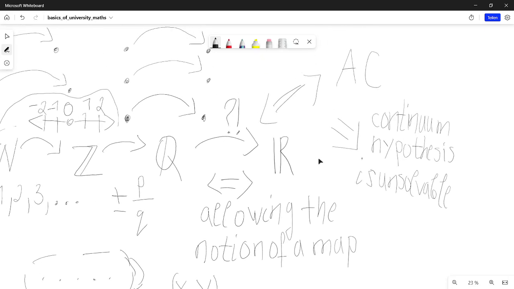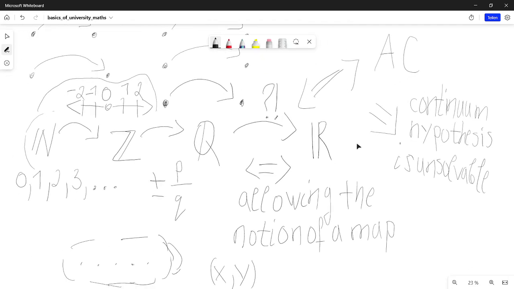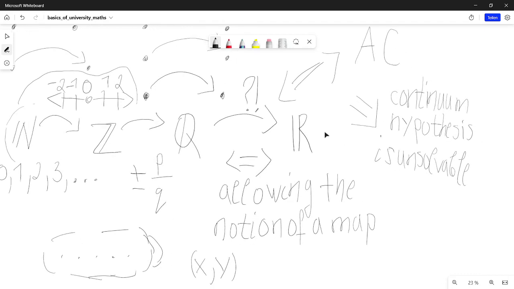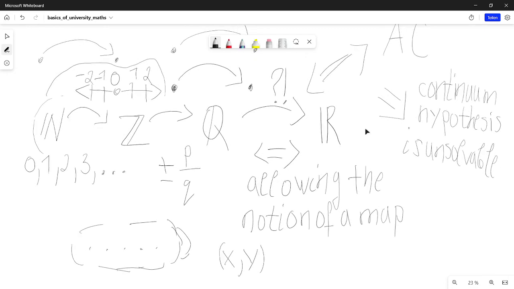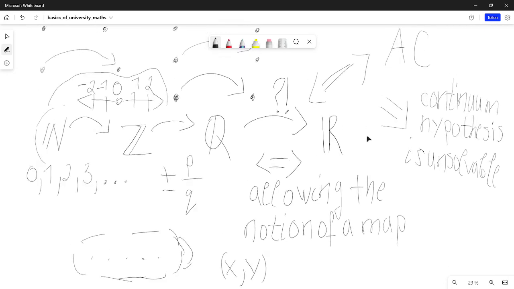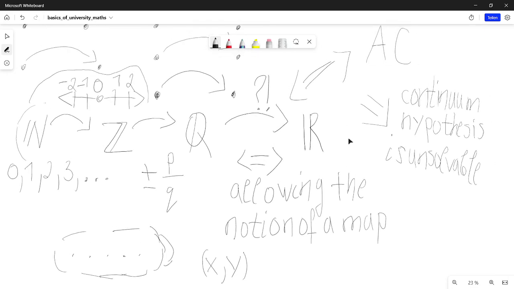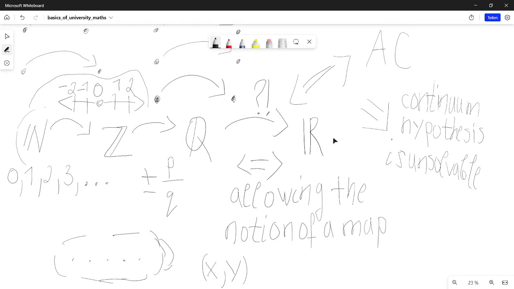So there would not be anything that is not countable. And about countability we will talk, or maybe not in this series, I don't know yet. I hope actually in this series. I'd like to do that, but I don't know what my mood will be. So this is why the continuum hypothesis is actually unsolvable. This is my claim also.